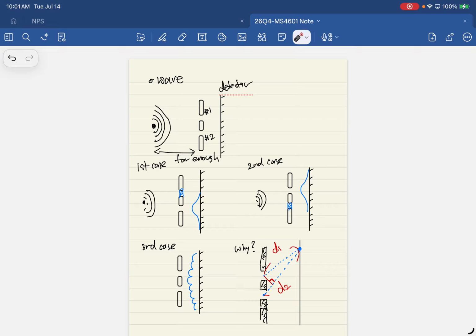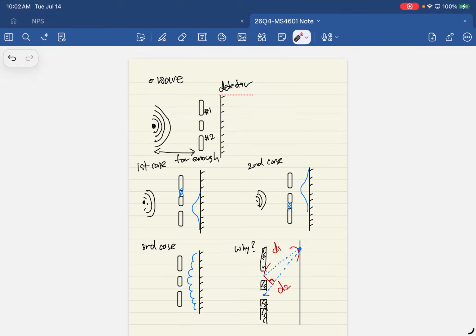That is distance D1 and D2. These D1 and D2 are different everywhere except the center point. Because of this different traveling distance of the wave, we have some interference effect.